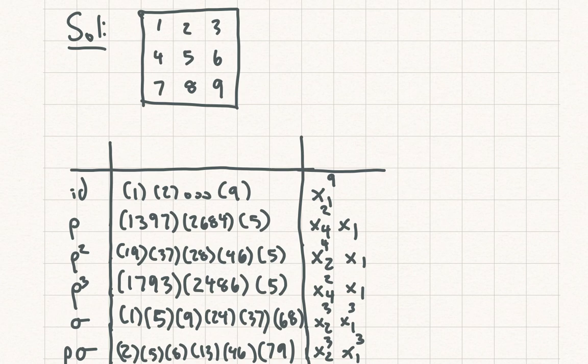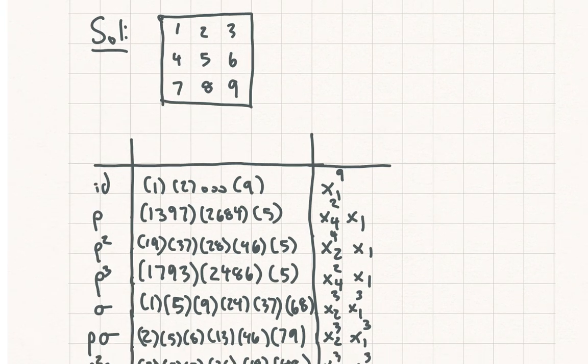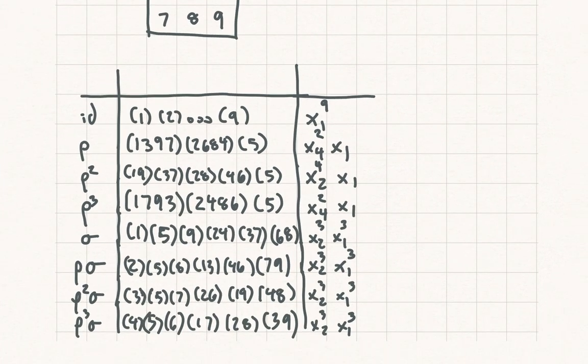So I think it's in your interest to check that you understand that these are indeed the cycles of these 9 subsquares of our main square that are induced by D8 here, or D4, however you want to say it, the rigid motions of a square.